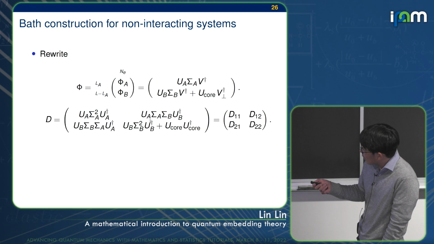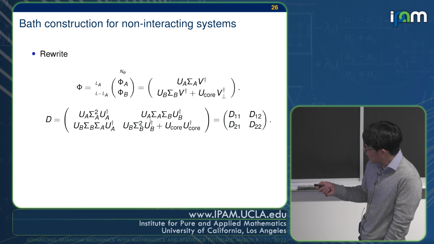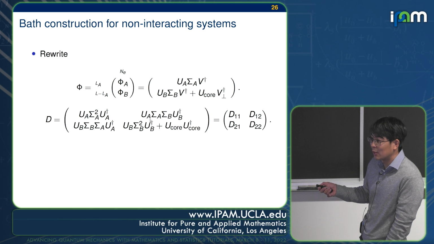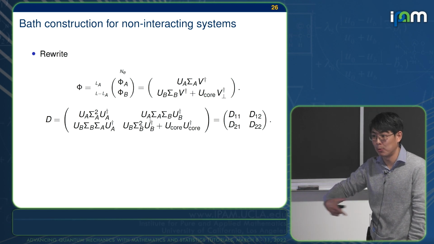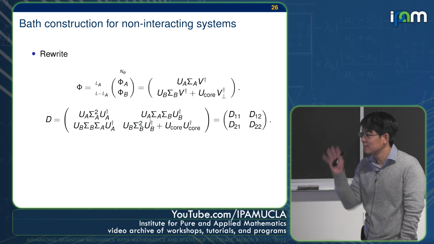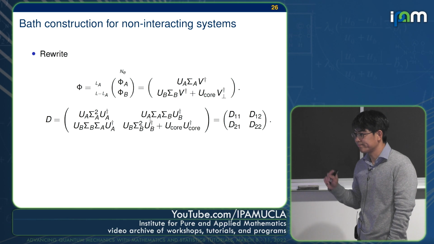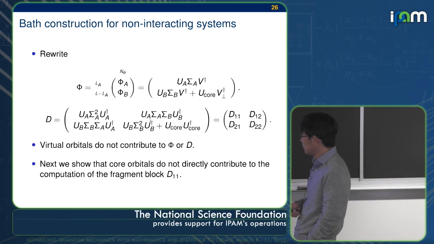You can write down phi phi dagger, and you get this expression, with D11, D12, D21, D22 given in this form. Here you can see that there is an idempotent part that's singled out. In the rotated basis, that will be decoupled from everything else, and that is why it is a core. It's inert. It's not coupled to any other orbitals. And virtuals don't contribute.